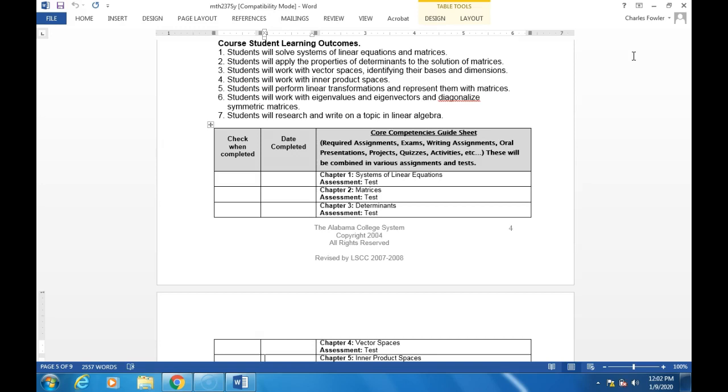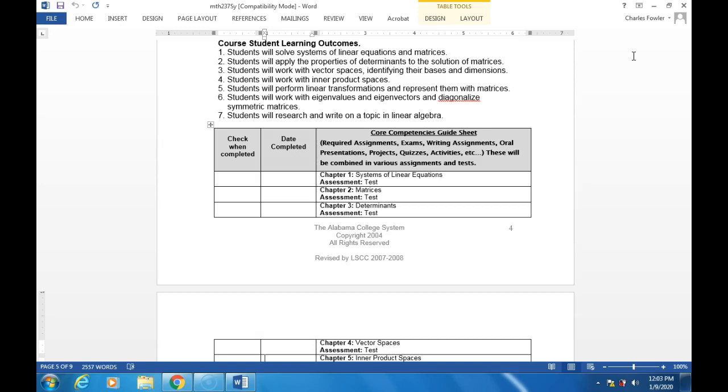All right, now here's what I was saying about why we use the course. Okay, if you look at this, systems of linear equations, that's chapter 1. Matrices, that's chapter 2. Determinants, that's chapter 3. Vector spaces, which includes basis and dimensions, that's chapter 4.